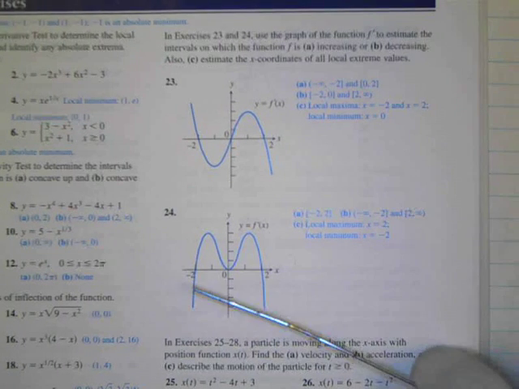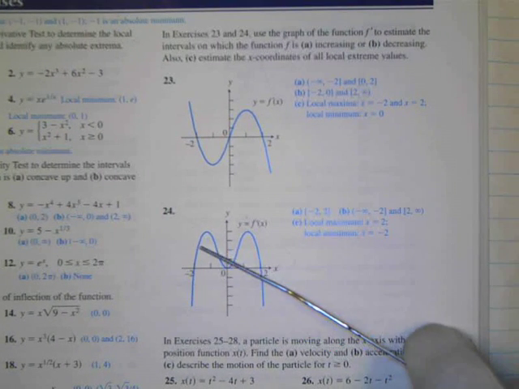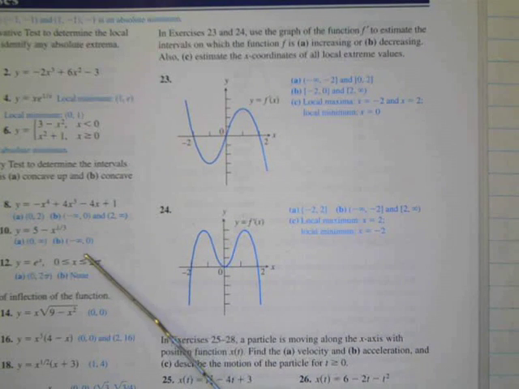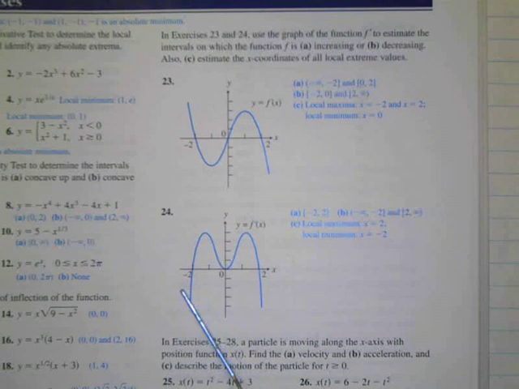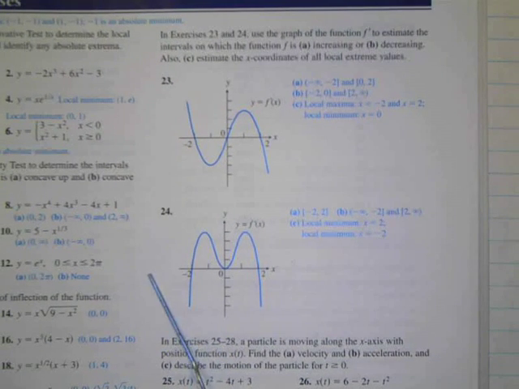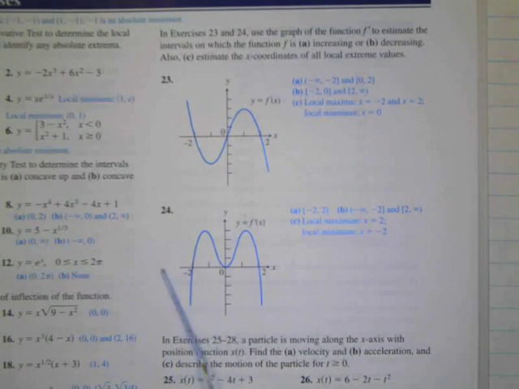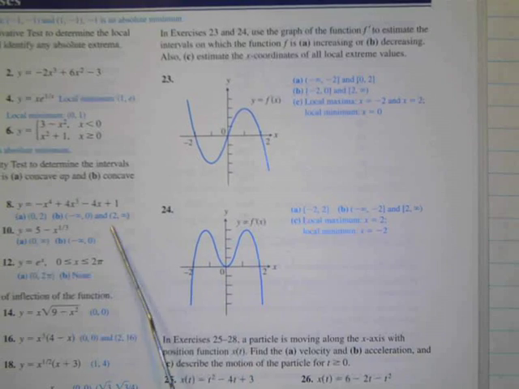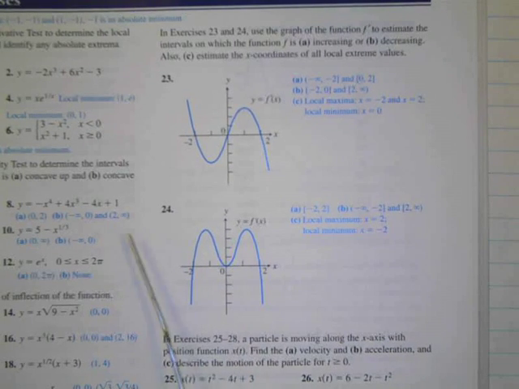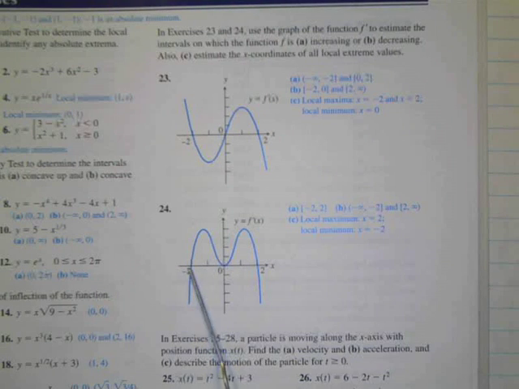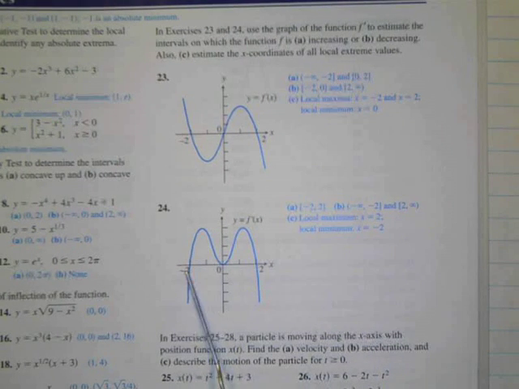Okay, here my derivative is changing from negative to positive. So I'm going down like this, negative to positive. Or you can think of a V if you want. And that means I have a relative minimum at x equals -2, so that's a local minimum at x equals -2.